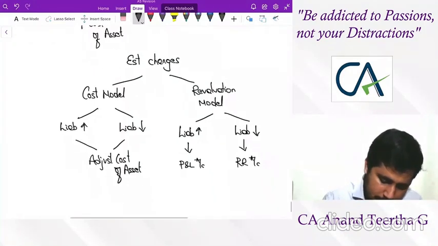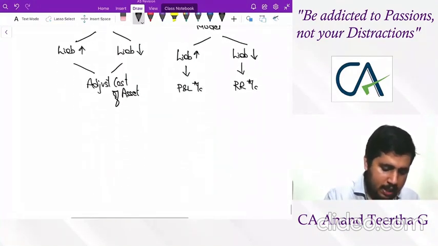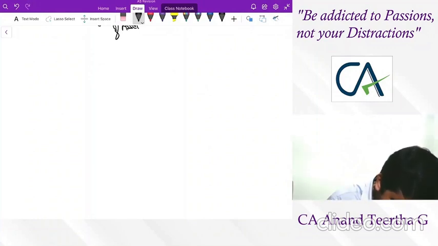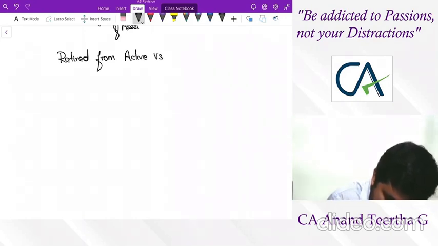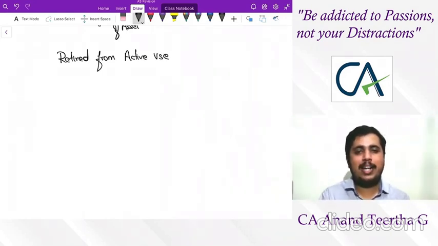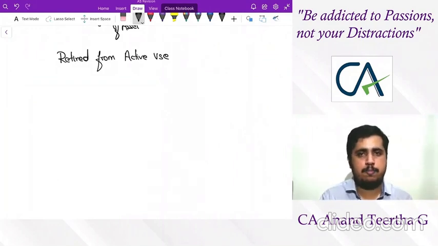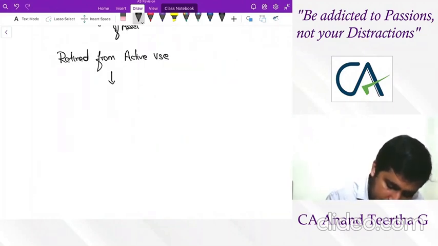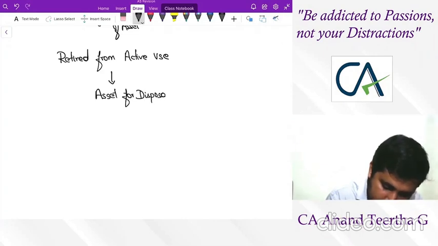Now, after this, those two terms, which are the last two terms which we have to discuss. One is, what do you mean by retired from active use? What do we mean by retired from active use? Now, it basically means that asset is ready for disposal in future year or ready for disposal in next year.